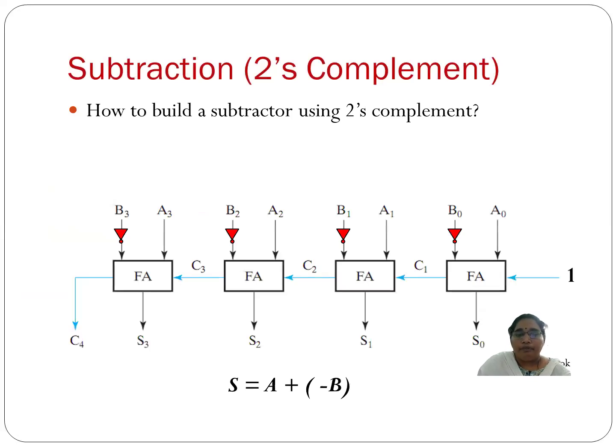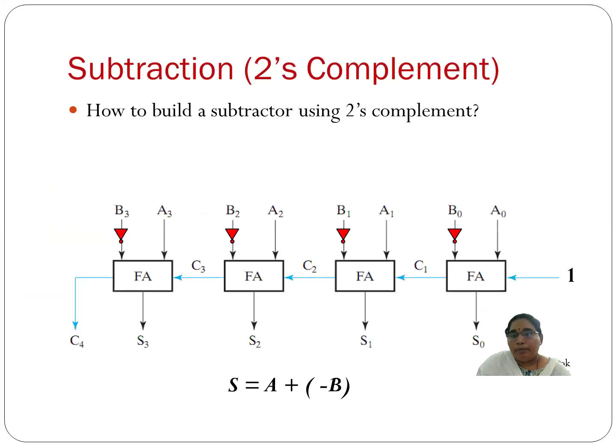They will simply invert each bit of B. So B0, B1, B2, B3, all these 4 bits are not connected directly, but connected to the full adder after complementing. That is, they are inverted and applied. So this is 1's complement of B, and we are adding a carry input of 1 here.